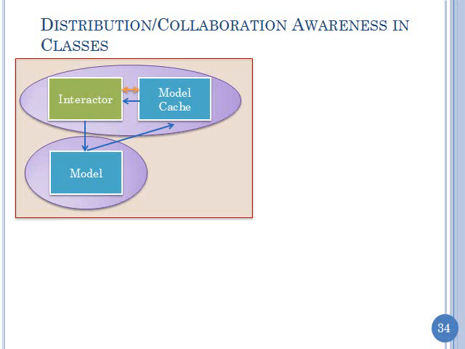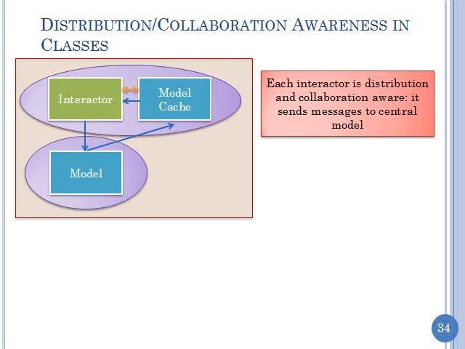Beautiful. The interactor updates the model cache. The interactor doesn't even know there's a remote model. We tell it, this is your model. We give it the cache object. It says, oh, I've got a model. I can invoke operations on it. I can get events from it. And that model then goes and updates the real model. So my cache is now not only a cache, but a proxy.